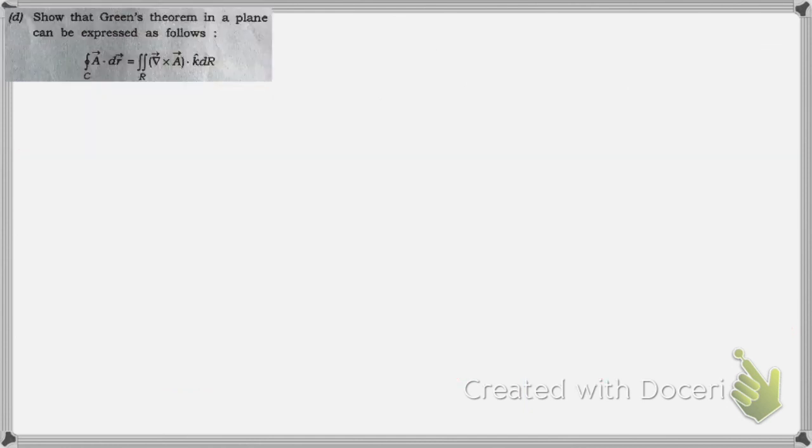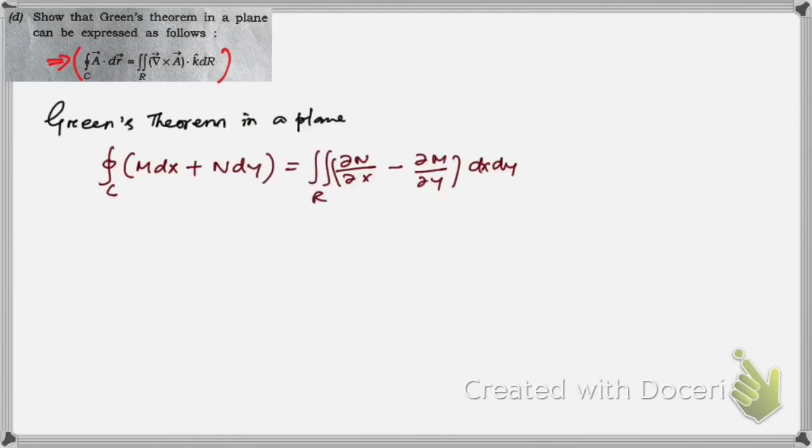Now here we need to show that Green's theorem also can be expressed in this form. So if you remember the Green's theorem, it can be written in this way. Let me show you how. So here is the Green's theorem. This is equation 1. Let me show you how this can be expressed in the form given in this question.